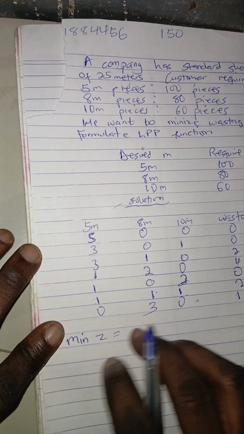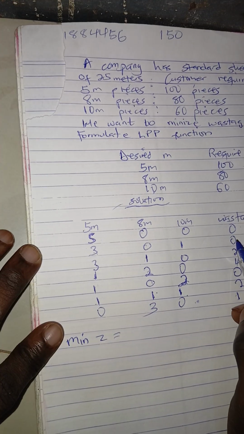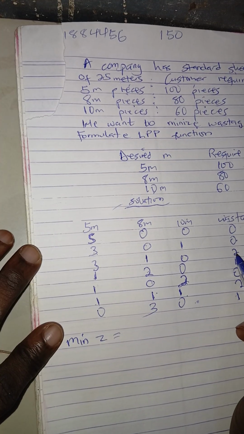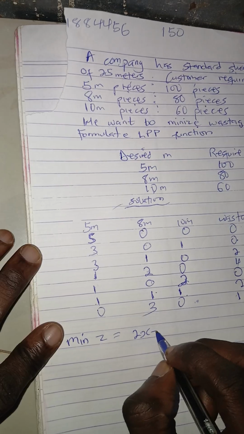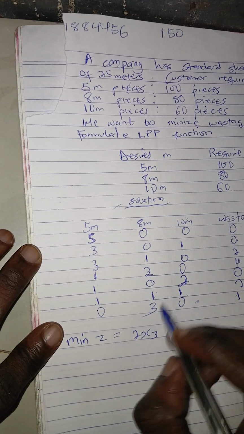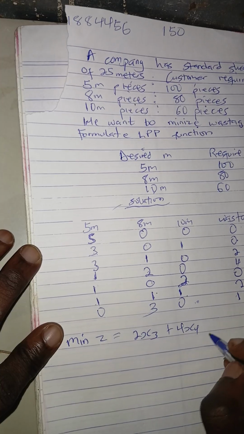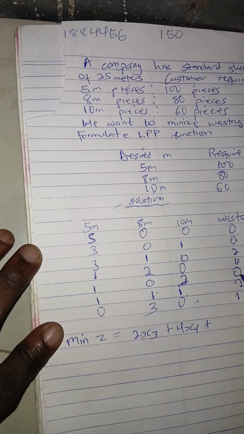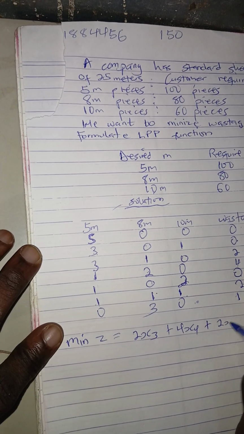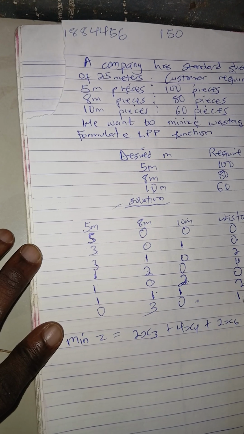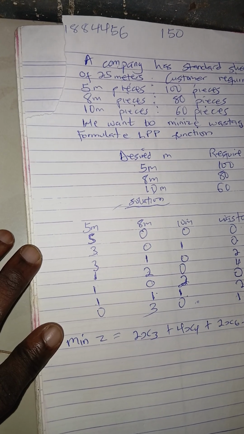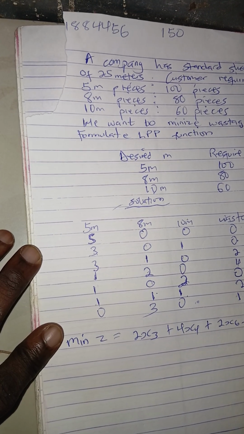You can decide to write, I don't want to write it, 0 x2. x3 is 2, so 2 x3. x4 is 4 x4. x5 is 0, I don't want to write it. x6 is 2 x6. x7 is 1 x7.